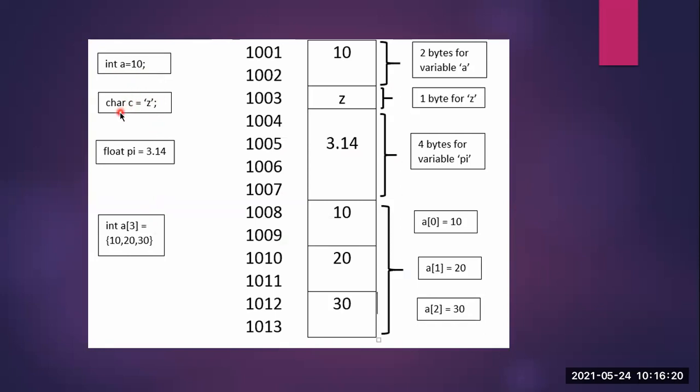Then I have declared another variable of type char, which is c, initialized to z. Then I have declared a variable called pi of type float, holding the value 3.14. Then I have declared an array of type integer, which is holding three values, 10, 20, and 30.